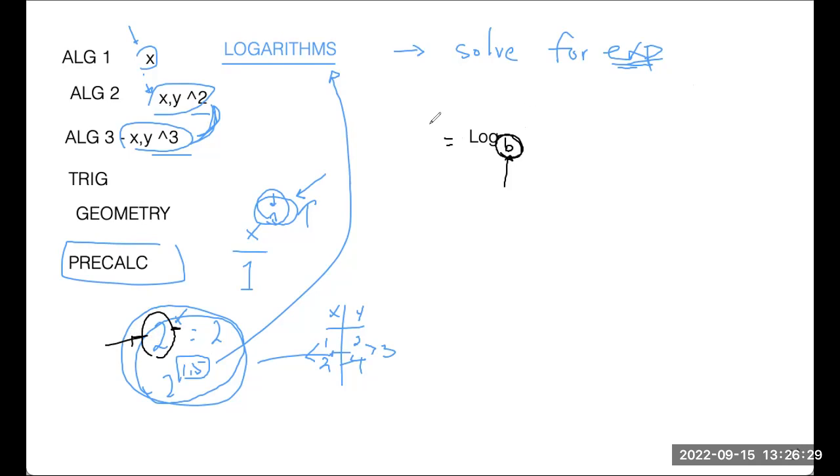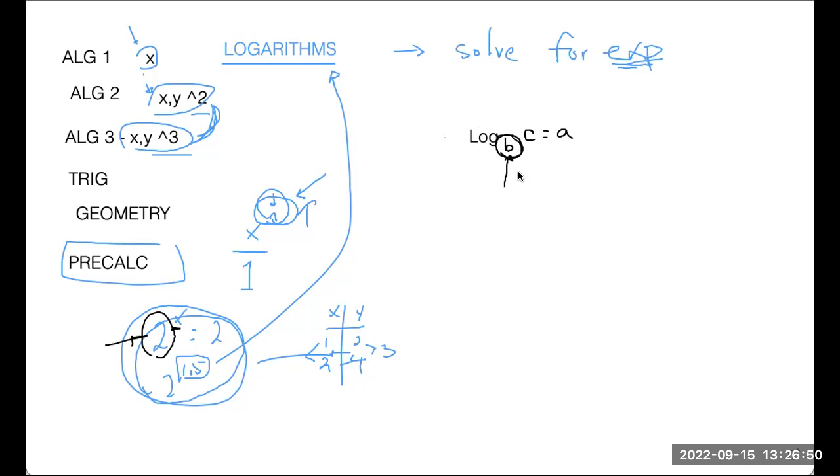So log base b of c is equal to a, right? Now, here's how we look at this, and here's how we change this around. There's this circular format for it.